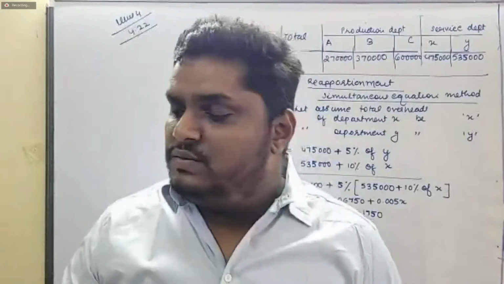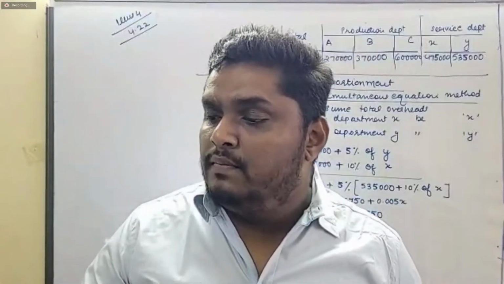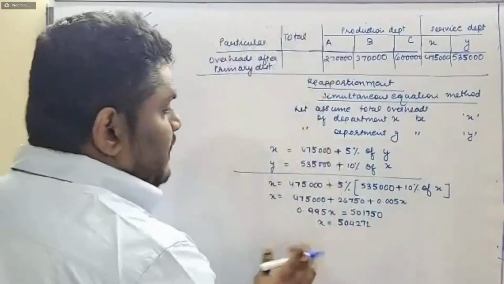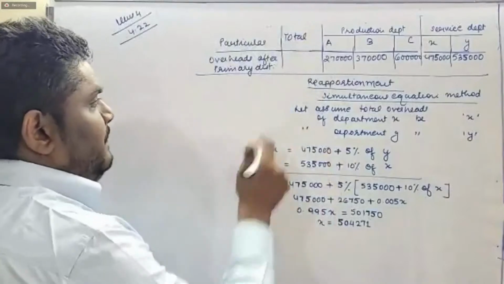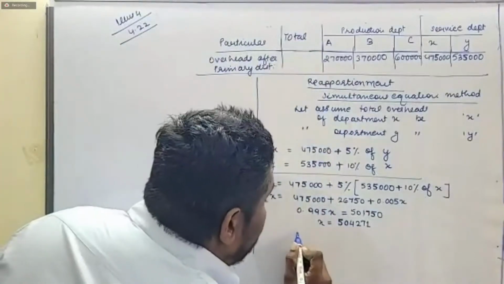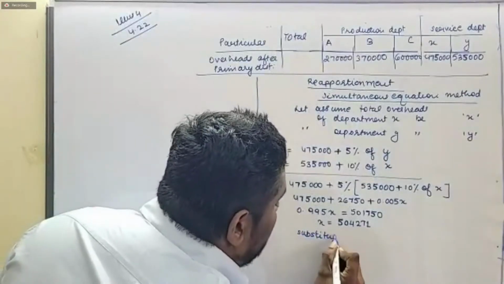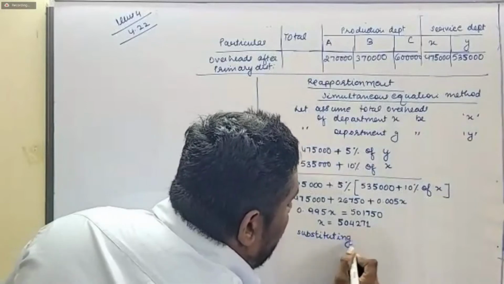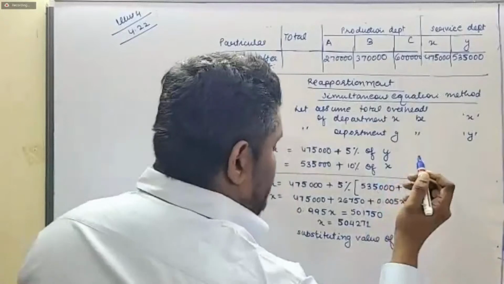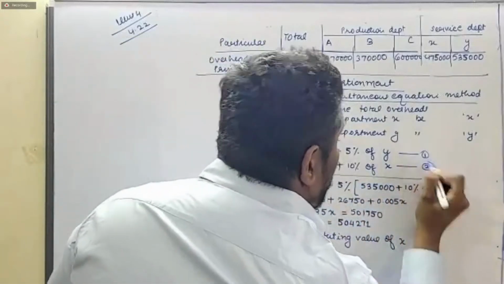The value of x will be 504271. Similarly, when talking about the value of y, we can easily calculate the value of y by substituting the value of x. Let's say this is equation number 2, this is equation number 1.